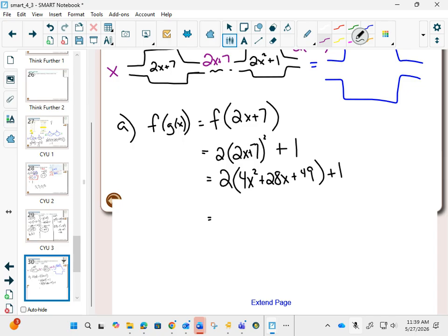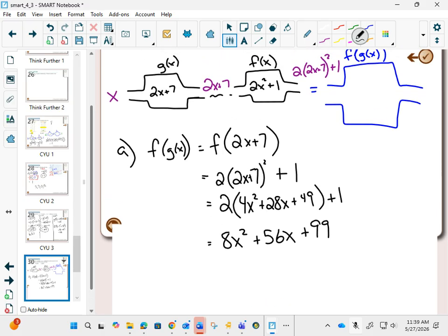And if I double this, it's going to be 8x squared plus 56x plus 98 plus 1. I'll just do that together and make plus 99. So technically, this new combined machine is 8x squared plus 56x plus 99.